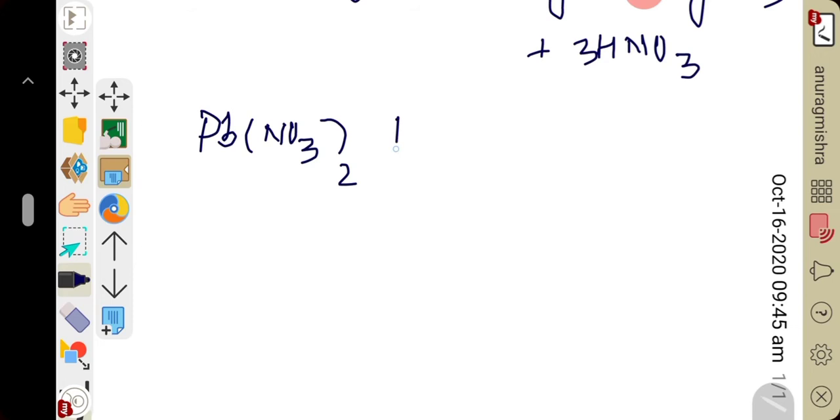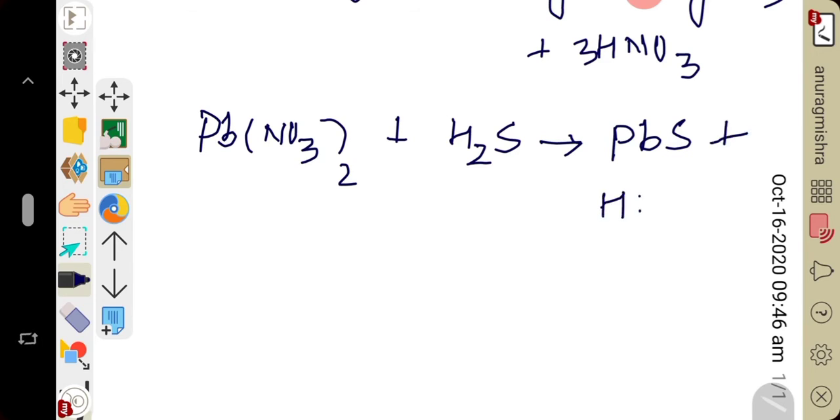It will undergo reaction with hydrogen sulfide H2S to form lead sulfide PbS plus nitric acid HNO3. This PbS is in the form of a precipitate. In this way, the hydrogen sulfide impurity is removed from the hydrogen gas.